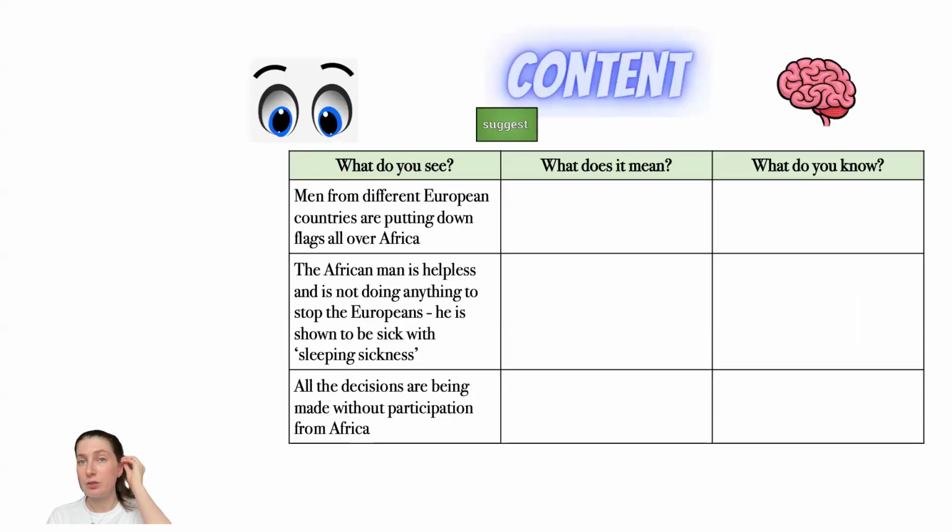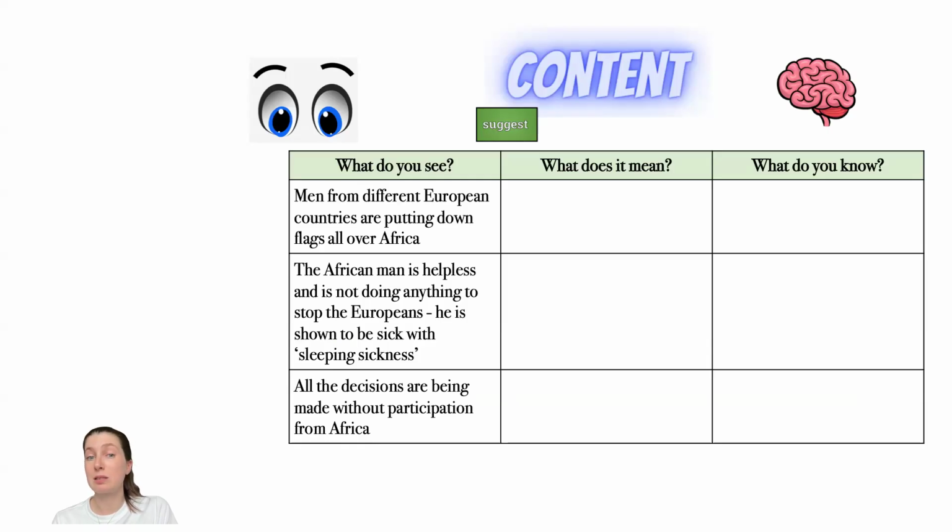So what I would then do is, obviously in the actual exam you're going to be doing this really fast, but we've got our three points here. You only really need two, but three points about what I've seen, and they're the three things I've just talked through. So we've got men from different European countries putting down flags all over Africa. The African man is helpless and is not doing anything to stop the Europeans.